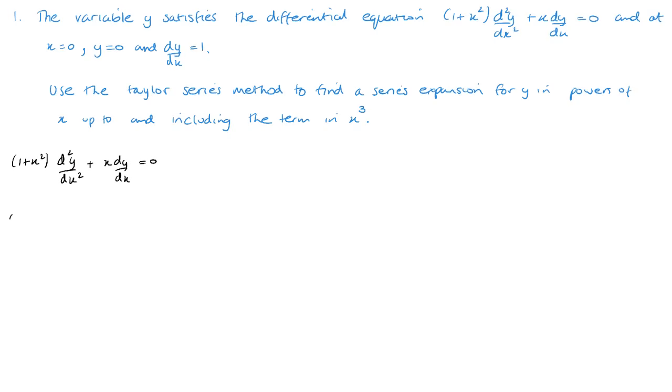So this is going to be 1 plus x squared times d3y by dx cubed plus. Now I've got to differentiate this and leave this. So this differentiated times by this. So this is going to give me 2x d2y by dx squared plus.